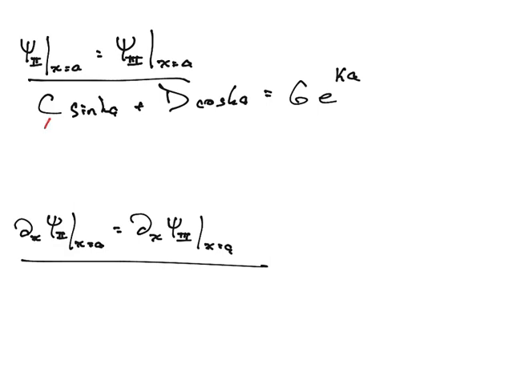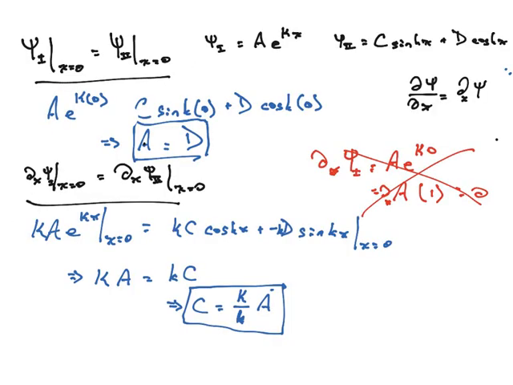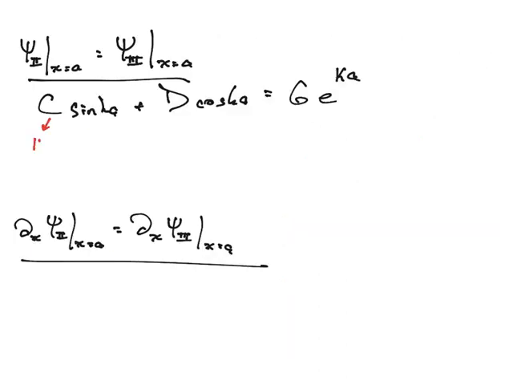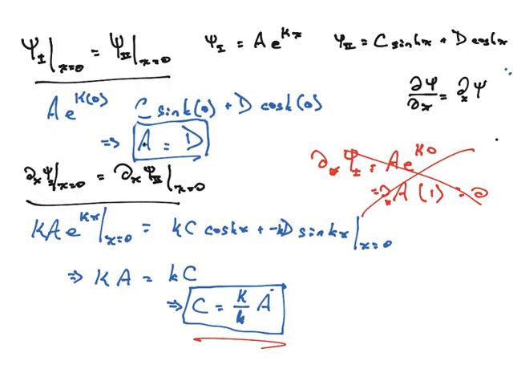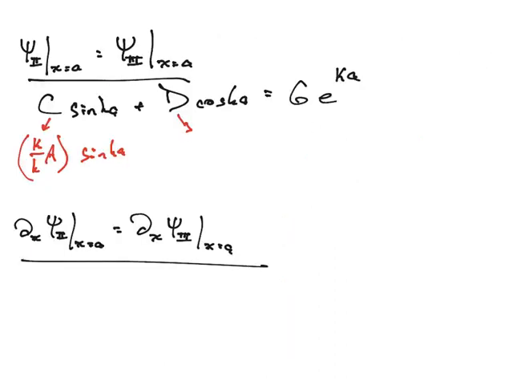Then C, instead of writing C, you write what this thing says, kappa over K times A sine Ka. And instead of writing D, same thing. You write what this thing says instead of D. So you're going to have a whole bunch of A's on the left and G on the right. Solve this for G equals blah, blah, blah, A.